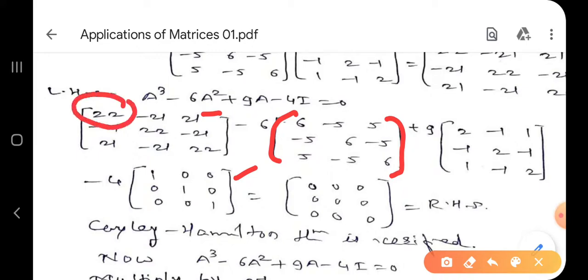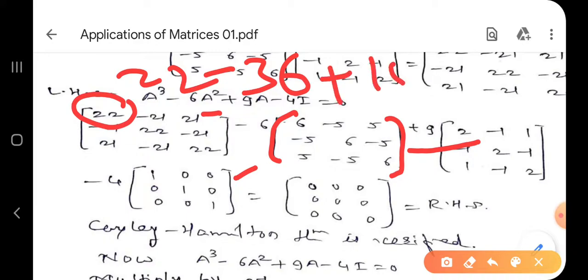See here, 22 minus 6 into 6, 36, plus 9 into 2, 18, and minus 4. If you do this calculation, you will get 40 minus 40, it is 0. So this first number is 0. You can try for all.